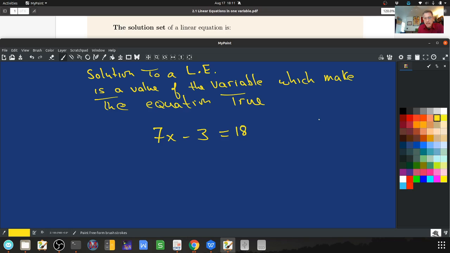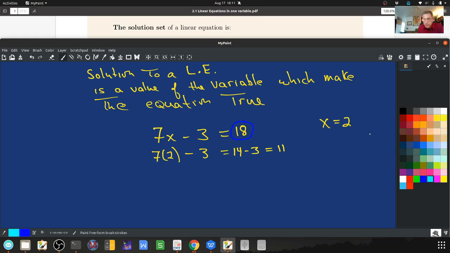Well, let's let x be equal to 2 and see if that's a solution. What I do is I replace x by the value of 2, and I evaluate this side of the equation. 7 times 2 is equal to 14, and 14 minus 3 is equal to 11. And we wanted it to be equal to 18.